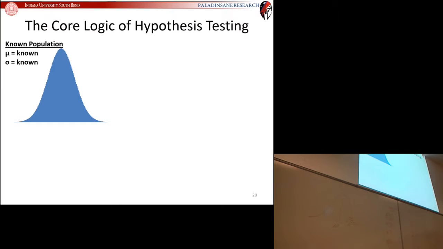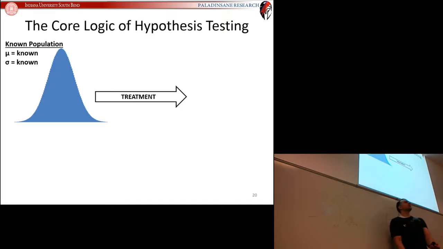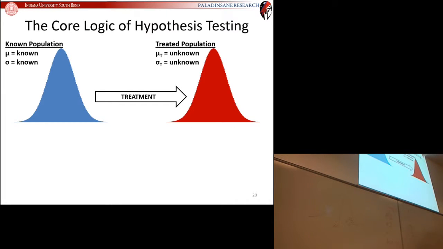What we want to know, what our hypothesis is, is what would happen if we were able to treat that entire population. What would occur to this population if we could treat the whole population? Well, if our treatment was successful, if our treatment did something, then we would change this known population into a treated population, right?